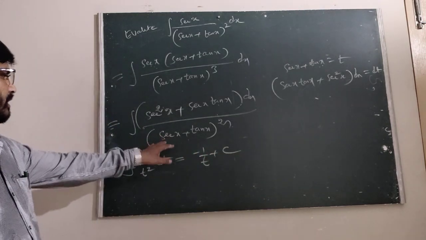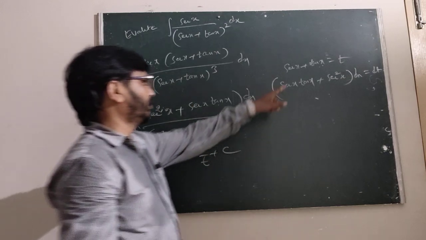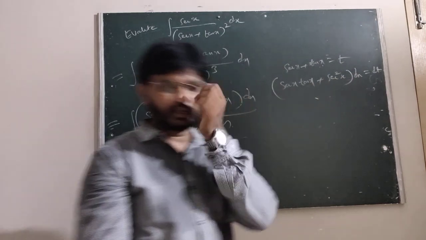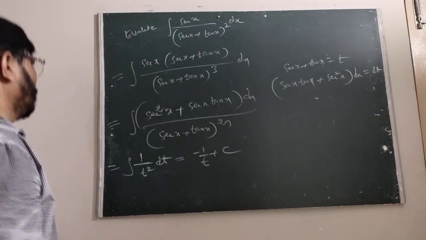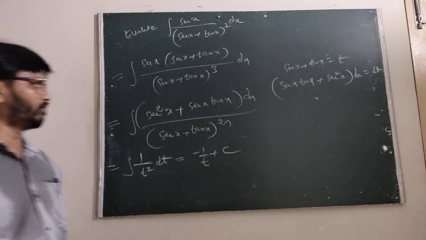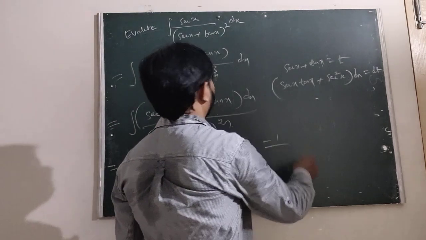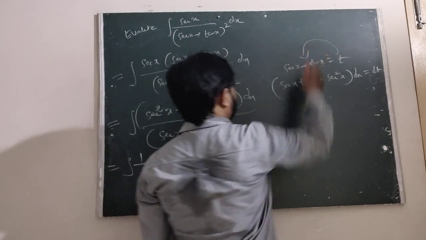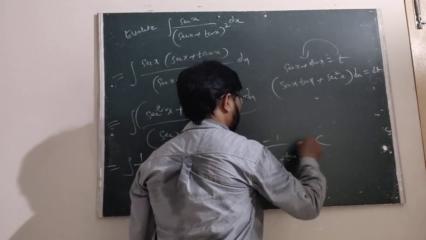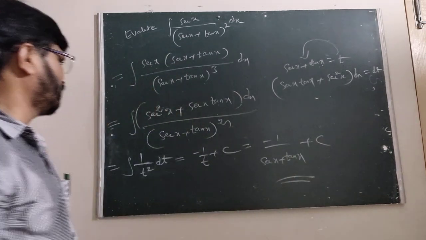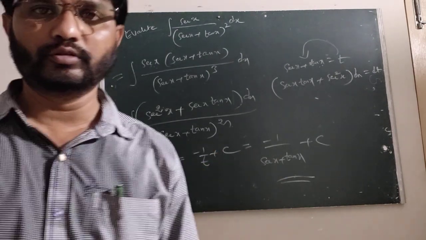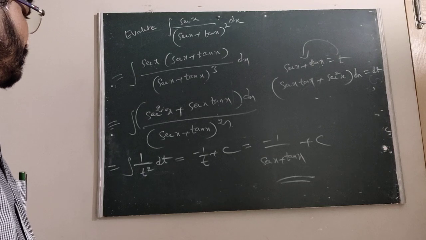We are taking secant x plus tan x as t. Therefore minus 1 by t, where t is secant x plus tan x. This is our required solution: minus 1 by secant x plus tan x.